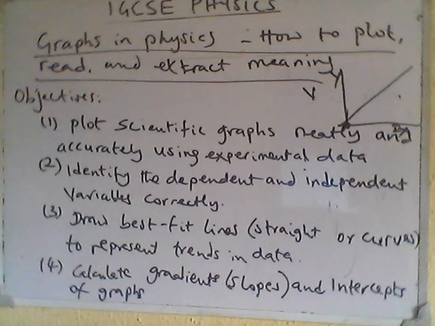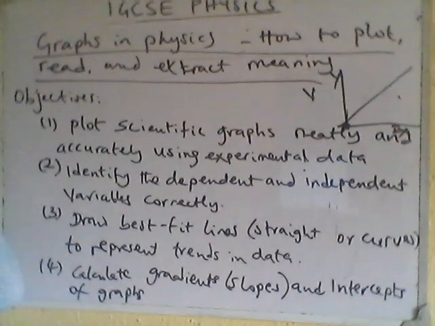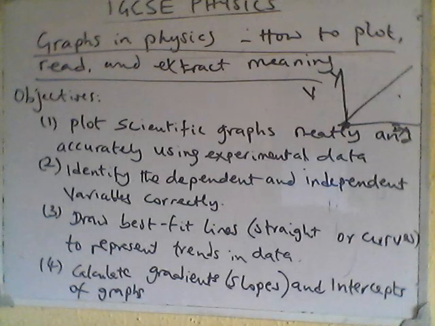Like I said, you have the axes and the variables. The independent variables are the ones you control, like I said in lesson 1. The ones you just give values to, so that you can observe a change in the corresponding dependent variable.